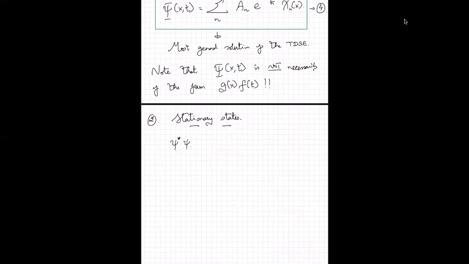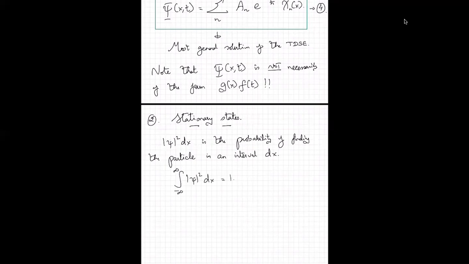Okay. So remember that when we talked about the interpretation of this, we said that the quantity mod psi square dx is the probability of finding the particle described with the wave function psi in an interval dx. Now, if you properly normalize the solution, then the integral from minus infinity to infinity of mod psi square dx has to be equal to 1.